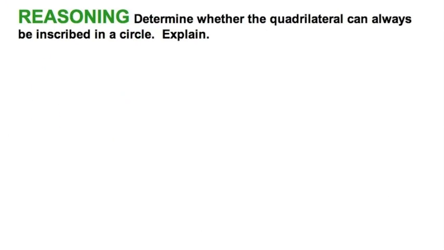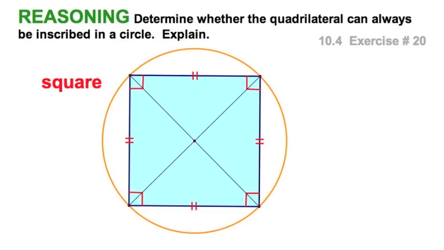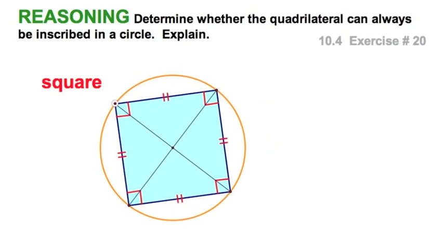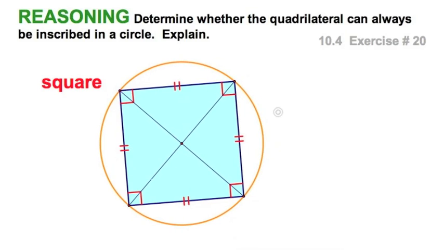And now we're going to explore some of our special quadrilaterals. We're going to start with a square, exercise 20. A square, yes, it can always be inscribed in a circle, because the diagonals are perpendicular, they bisect each other, and they're congruent, properties that we knew from chapter 8.